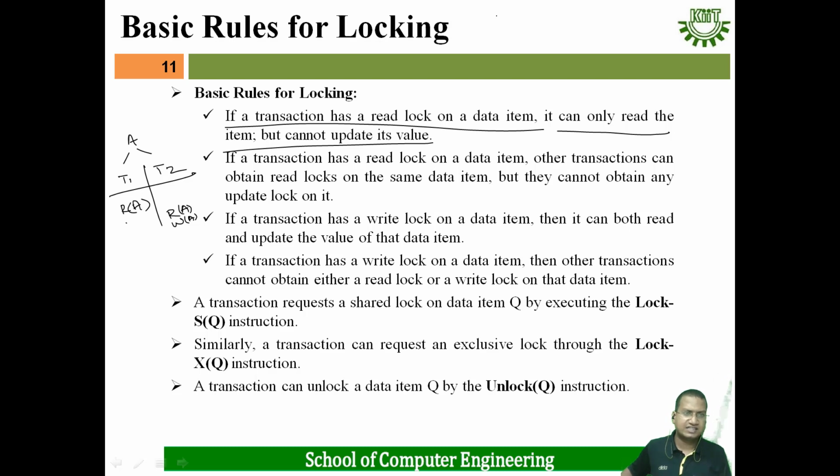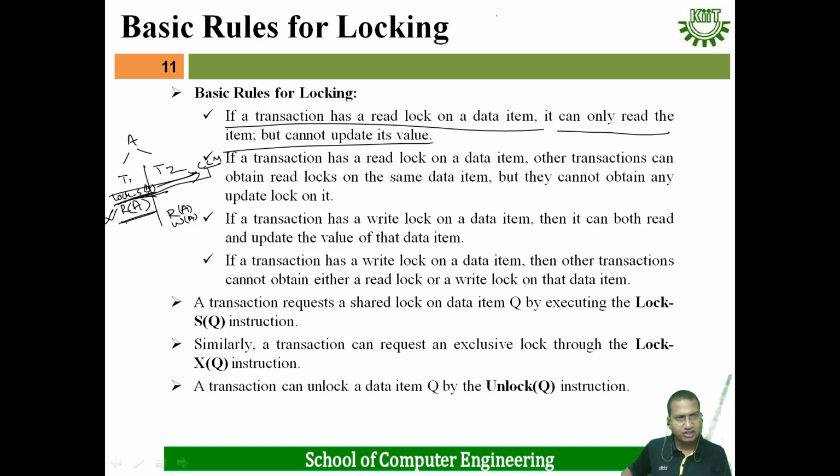Before reading A, first T1 has to request a read lock S on A from the concurrency control manager. If no lock is applied on A, the concurrency control manager will grant that lock. Then the T1 transaction can read A. It can execute this operation, but T1 cannot write on A because it has applied a read lock on A.